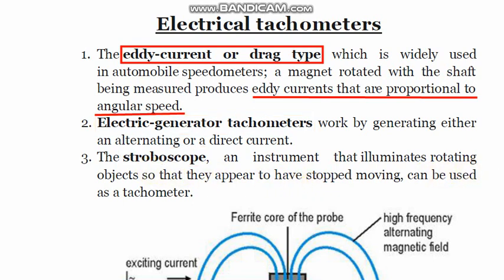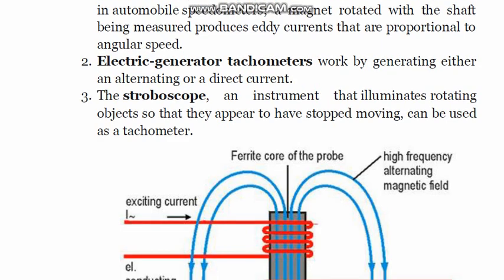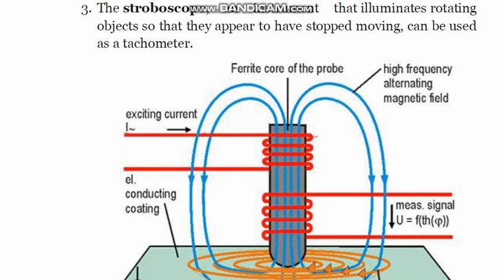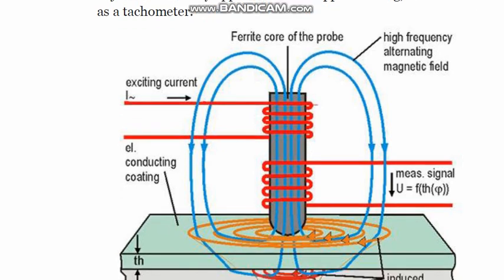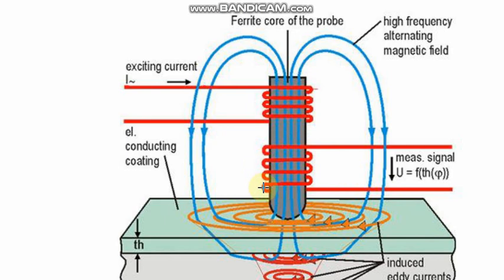So let us study in detail the eddy current or drag type tachometer. To understand it, we first have to understand what eddy current is. Here I am showing you an electromagnet.